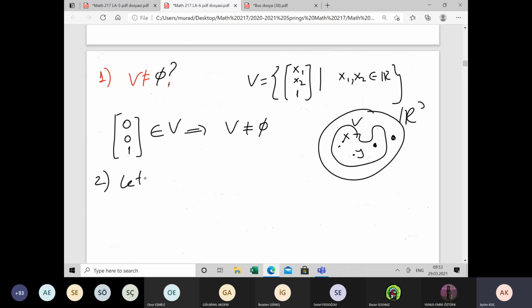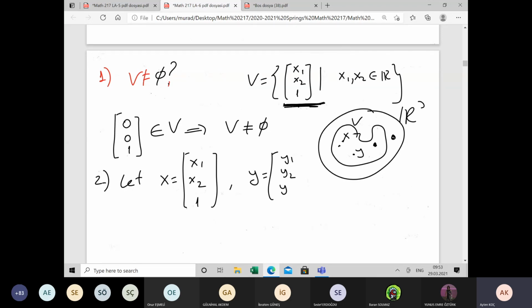Take two elements in V. x in V means our vector is in this form, so x is x1, x2, 1. And another one, y sub 1, y sub 2, and the third one should be 1.